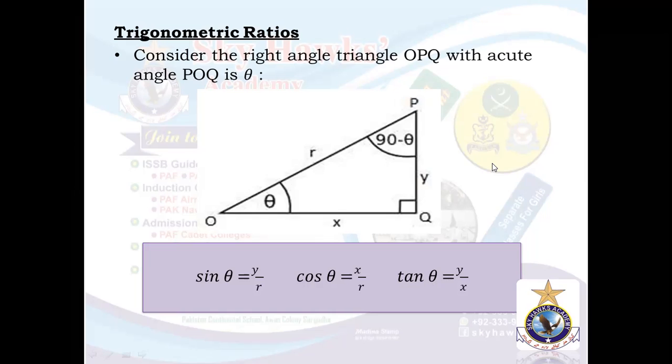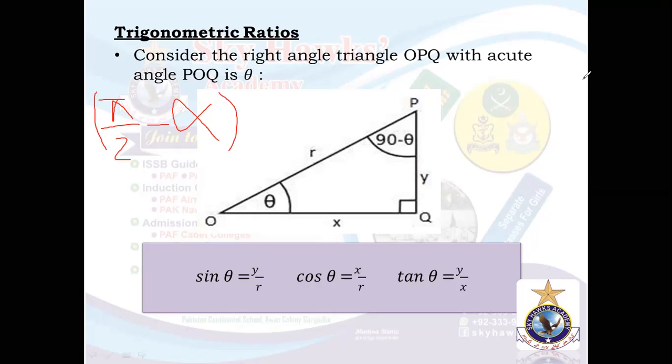We will have to generalize this thing. Whenever we have any angle that is pi by 2 minus any angle alpha, the sine will be converted to cosine, and the cos of pi by 2 minus alpha will be converted to sine.